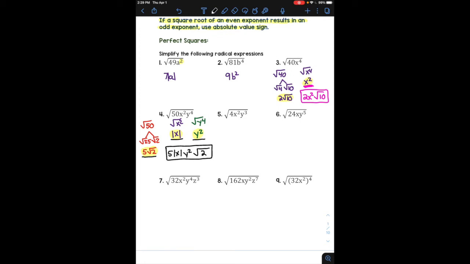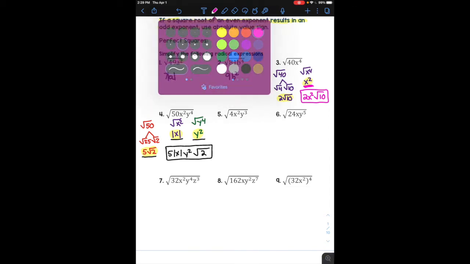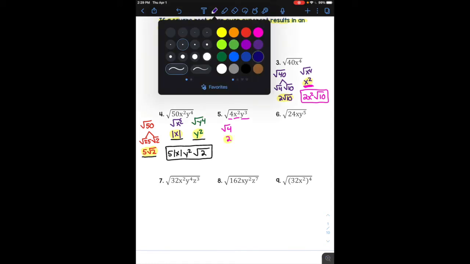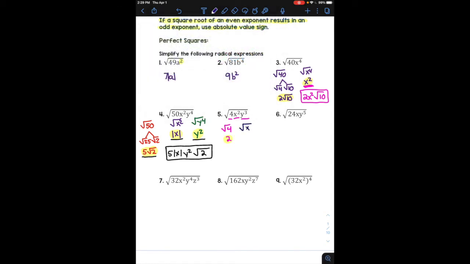So let's go ahead and take the square root of each individual part, the coefficient and each variable, x squared and y cubed, in which I'll first start with the square root of 4, which we know is 2. The square root of x squared, what times itself is x squared? That would be x. And since it has an odd exponent, we're going to use the absolute values.